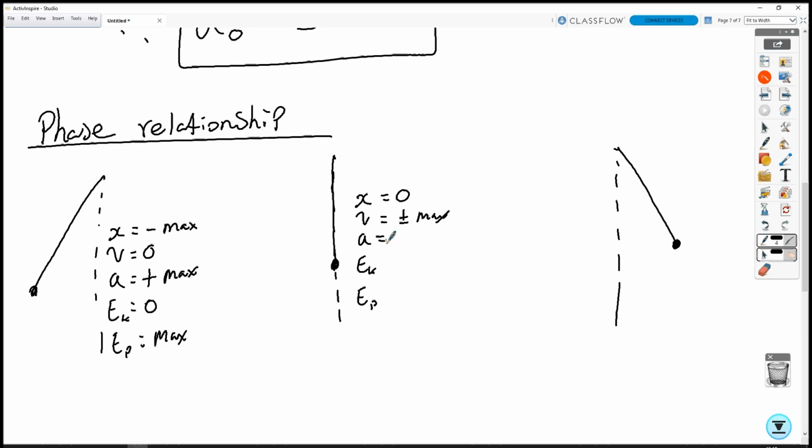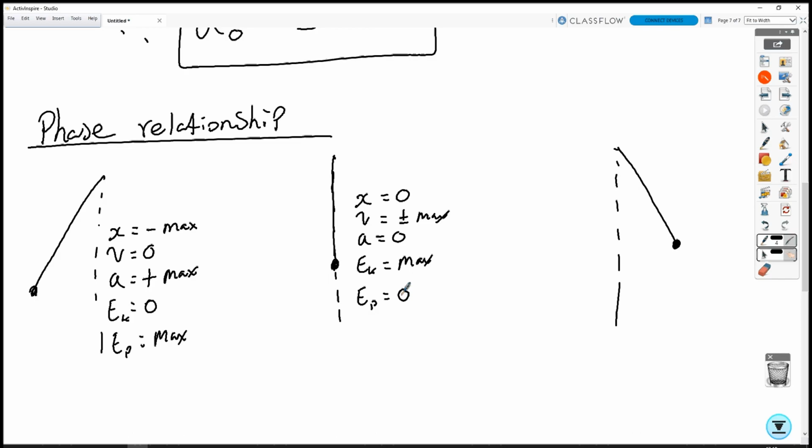In the center, there is no acceleration, because if you've got a equals minus omega squared x, in the center, x is 0. So omega squared times 0 is 0, so acceleration is 0 in the center. Ek is maximum because it's got maximum velocity, and Ep is 0.